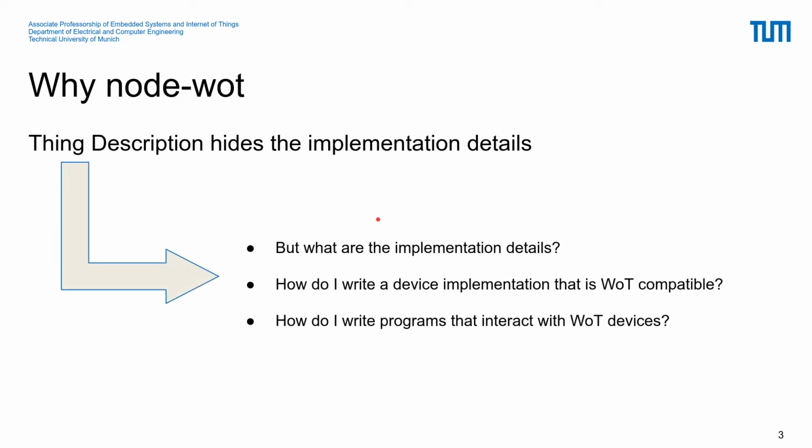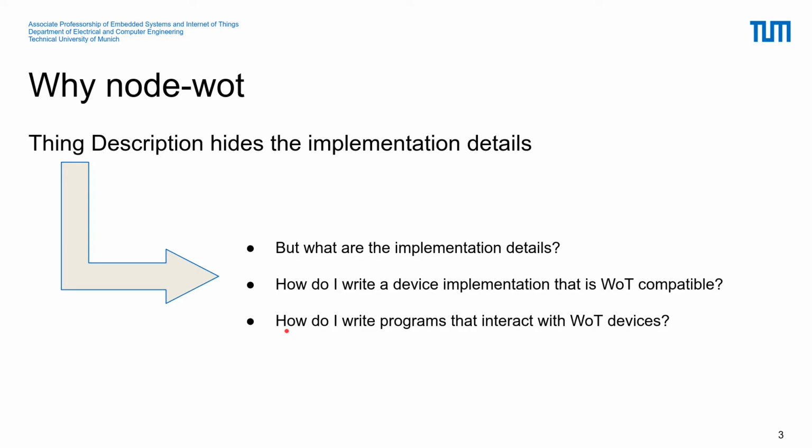And more concretely, how do I write a device implementation that is Web of Things compatible? Or how do I write programs that interact with Web of Things devices? Generally, we refer to the first one as thing implementations, and to the second one as consumer implementations.